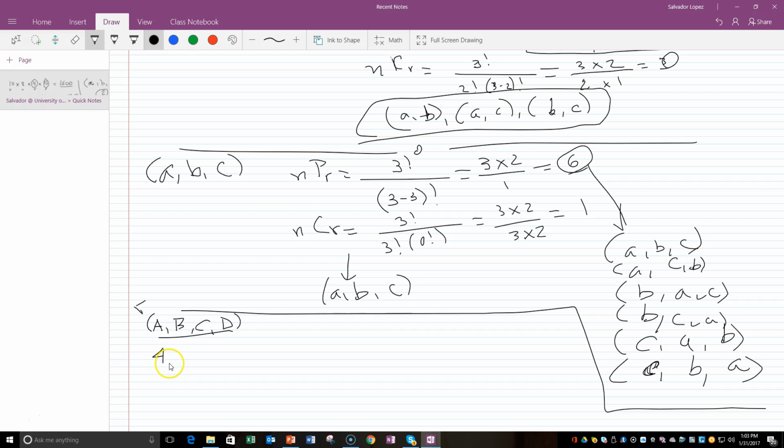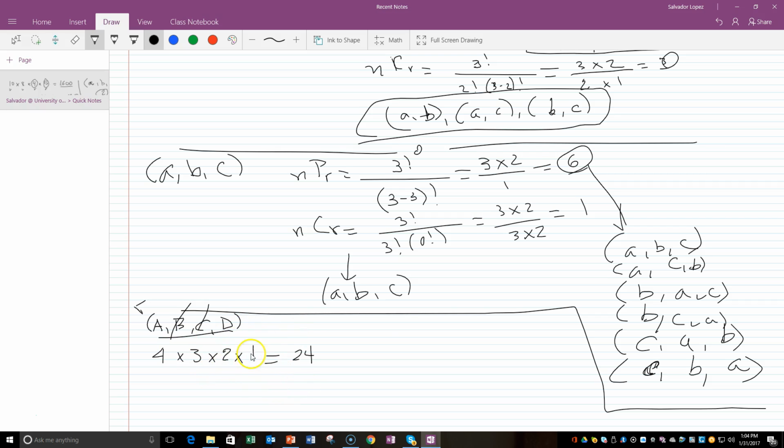And then once you choose one of them, let's say you select B, you have 3 left. So it'll be equivalent to the multiplication rule. You have 4 ways of doing one thing, then 3 ways of doing the second part, then 2 cities left, so 2 possible ways, and then 1 city left. So that'll be 12 times 2, 24.